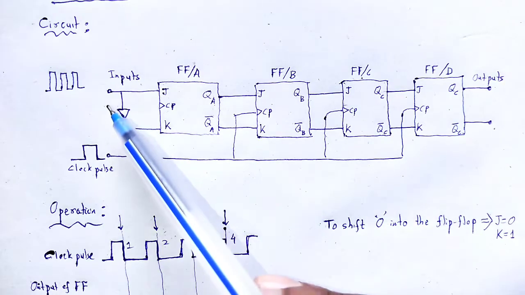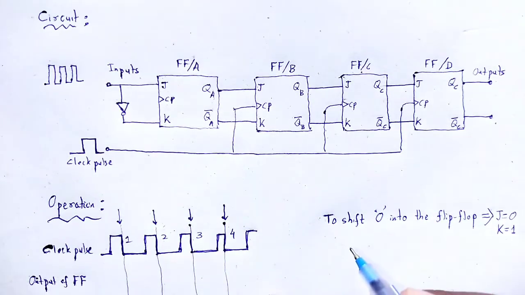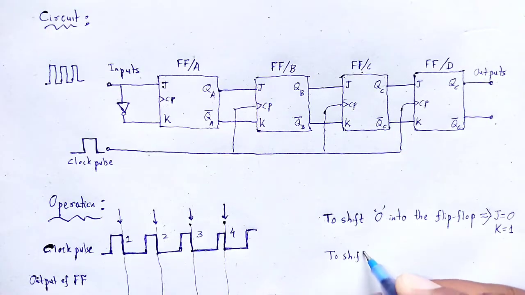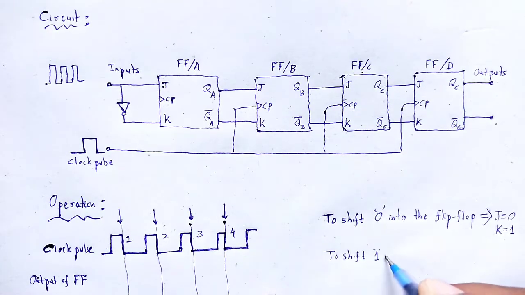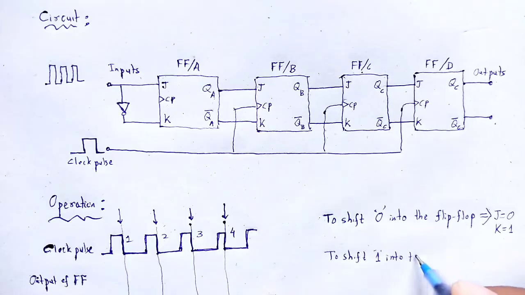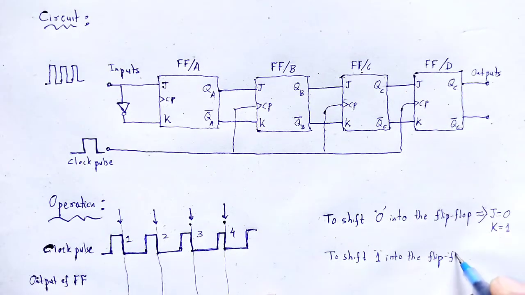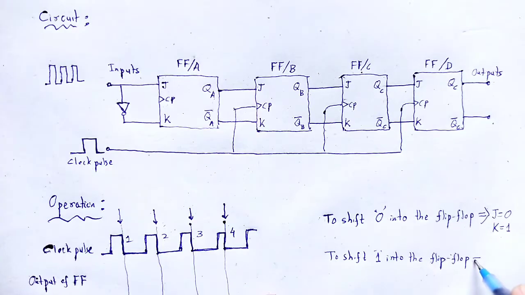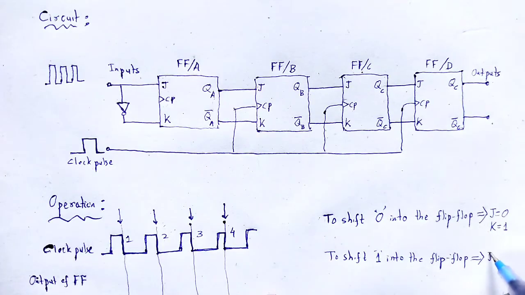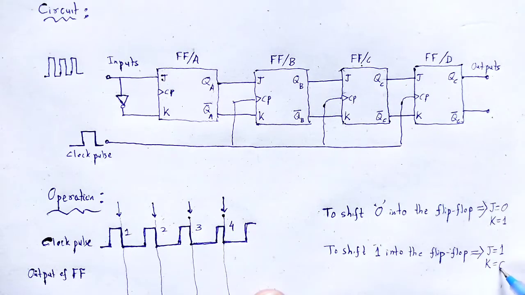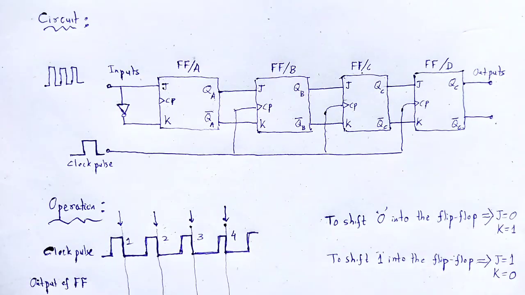Again, to shift 1 into the flip flop, J is equal to 1 and K is equal to 0.